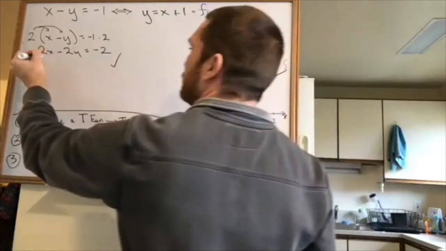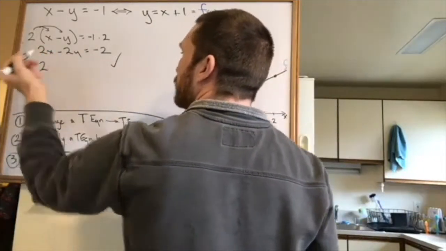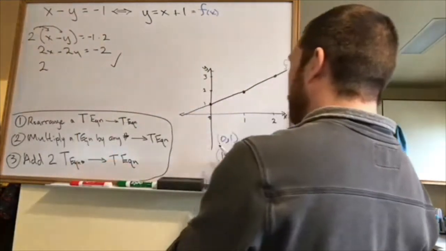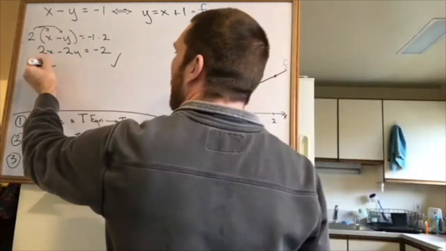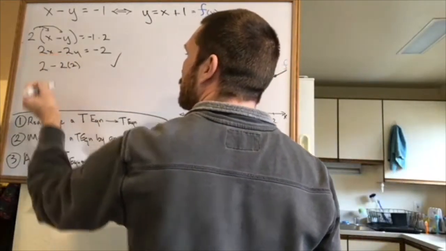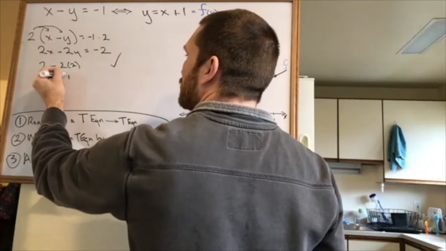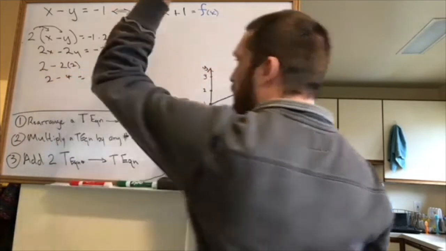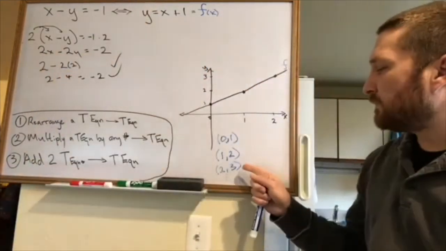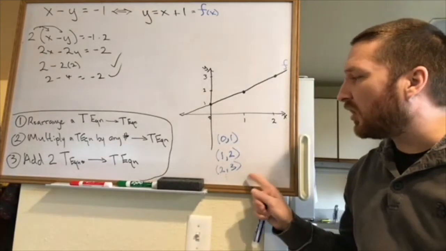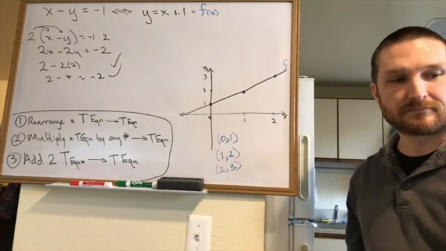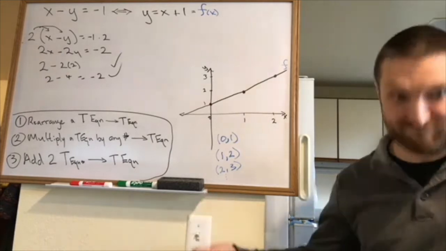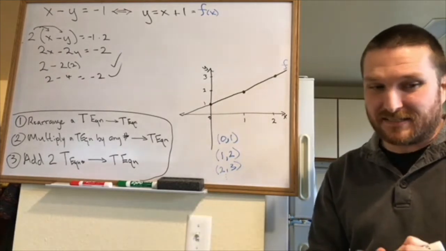Well, 2x is 1, so 2 times 1 is 2. Plug in a 2 for y, we have minus 2 times 2, and that's 2 minus 4, which is negative 2. Check, still true. Do you believe that it'll work for all of the points? Yes. Yeah, I don't see any way that it can't.